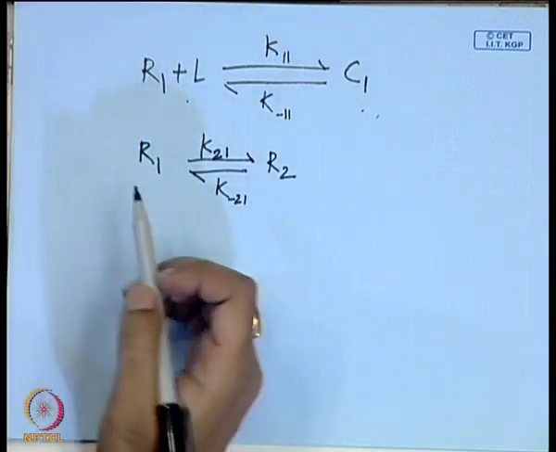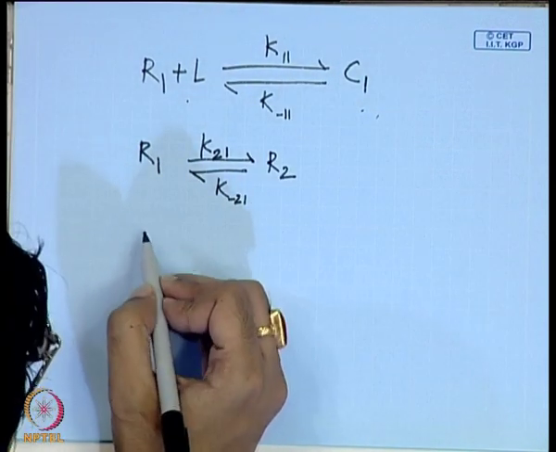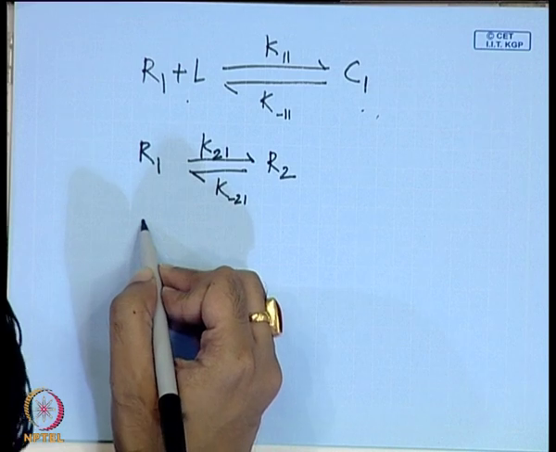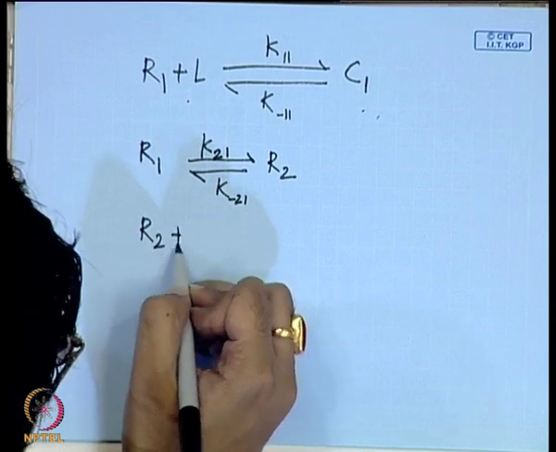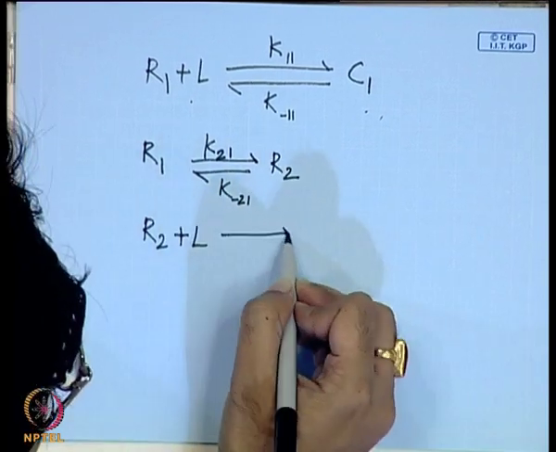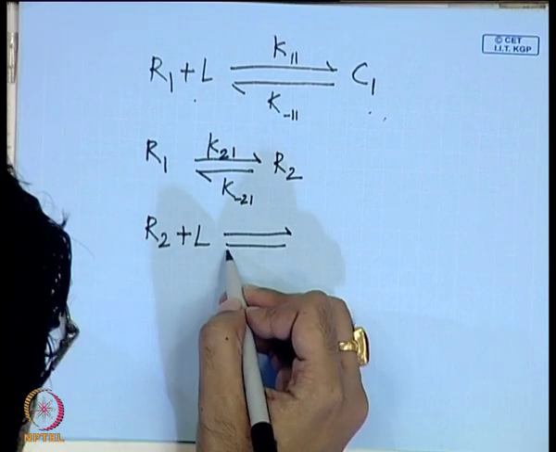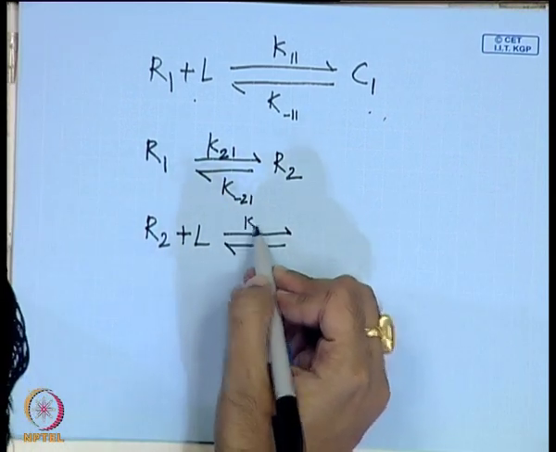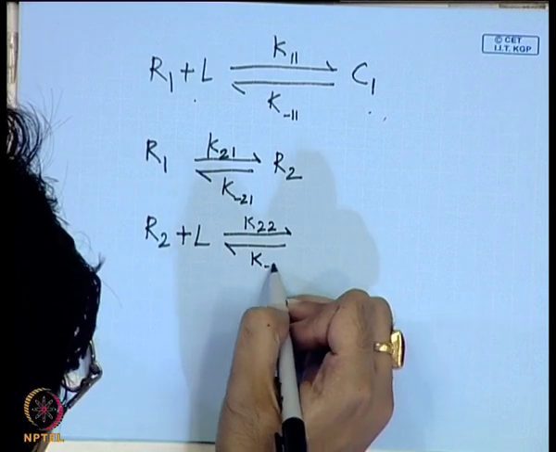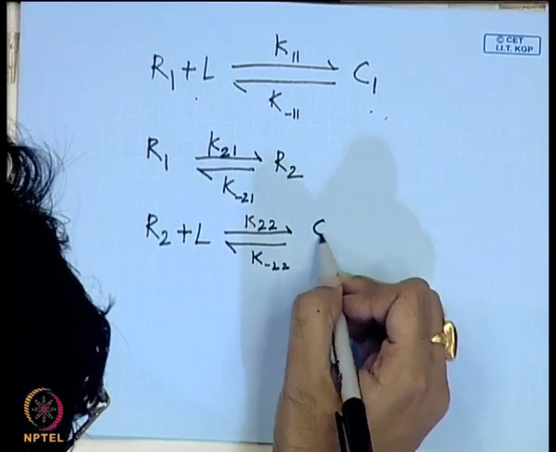And then you have R2 plus L, which reacts in a similar way as R1, with k22 and k minus 2 as its rate constants, to form C2.